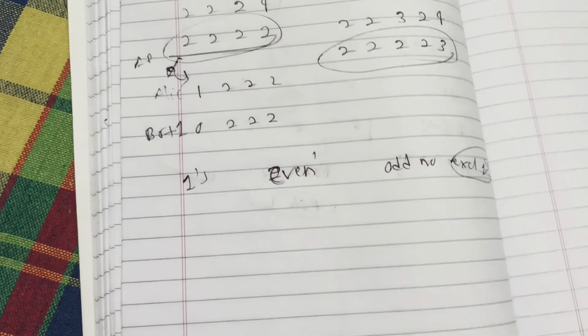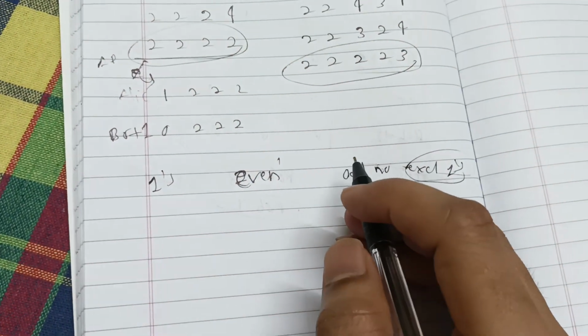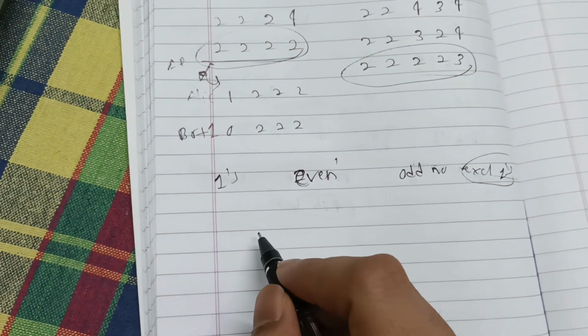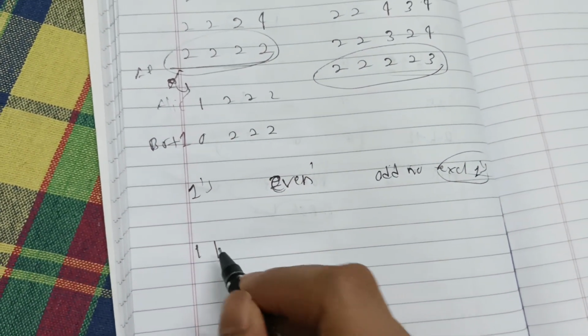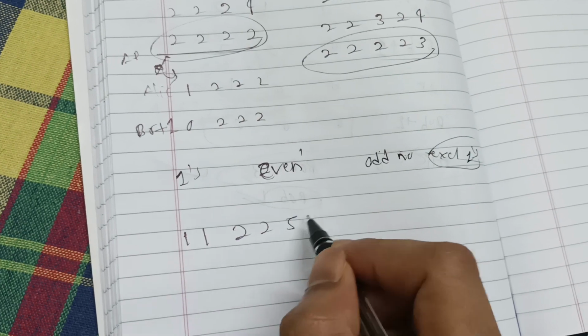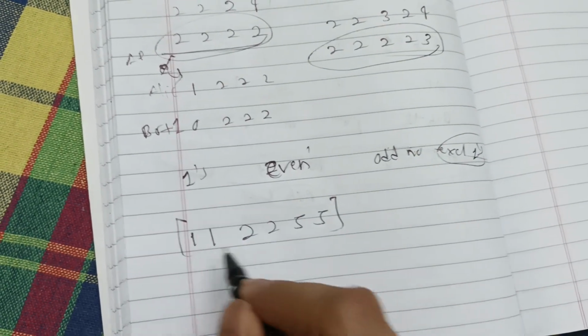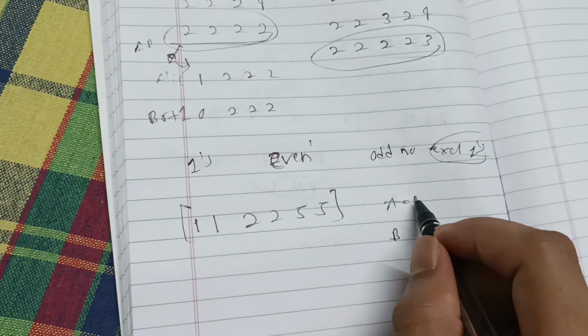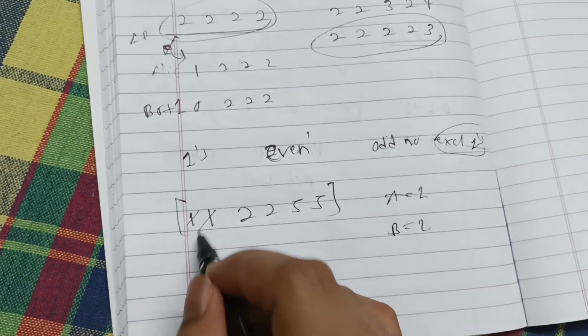So here, in this case 1 1 2 2 5 5, Elias and Bob got 1 point each by removing these.